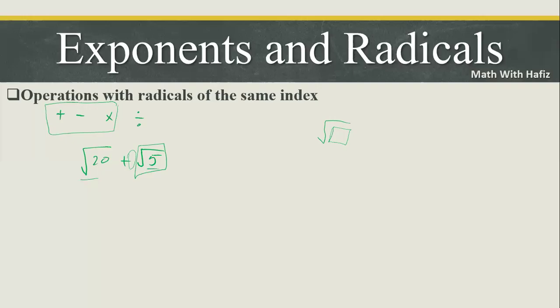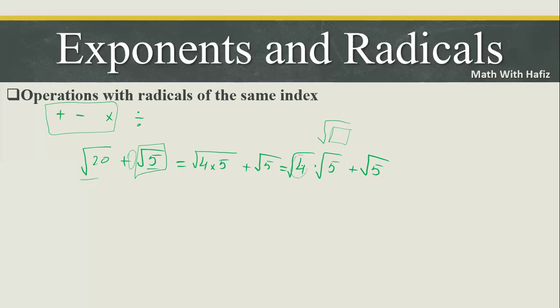It cannot go anywhere. So I know 20 is 4 times 5, plus square root of 5, by using the basic rules we studied earlier. So it can be square root of 4 multiplied by square root of 5 plus square root of 5.